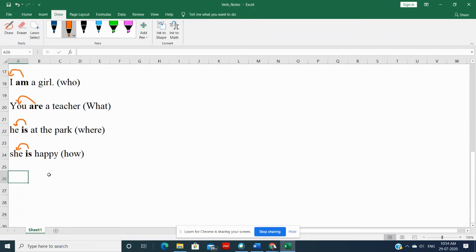Now let's talk about how these kinds of to be verbs are used with different subjects.